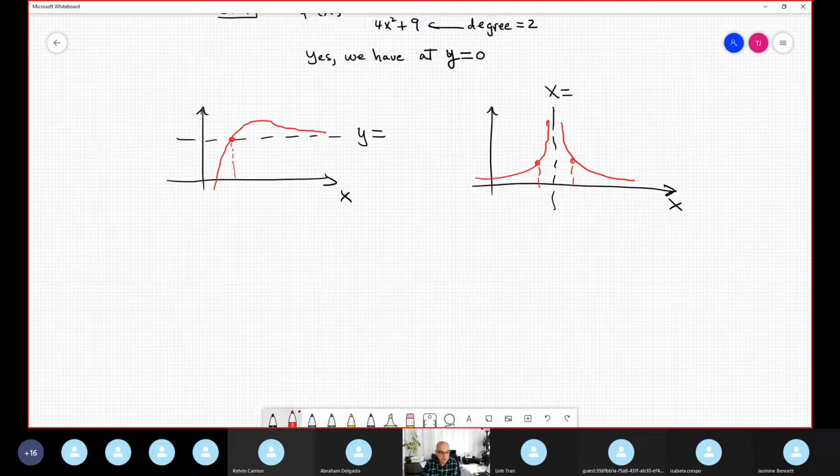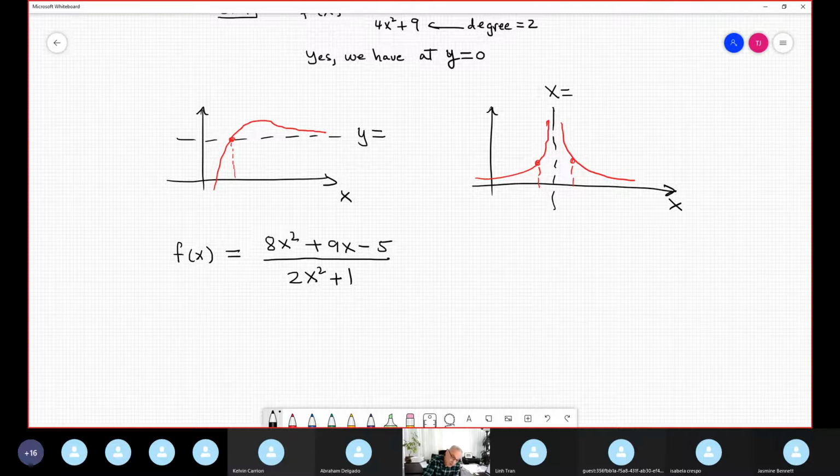I bring an example to illustrate this idea. Look, suppose the function f of x equals 8x squared plus 9x minus 5 divided by 2x squared plus 1. By the way, it's exactly the example we used before. I don't want to repeat because you saw before that yes, we have a horizontal asymptote at y equals 4, right?